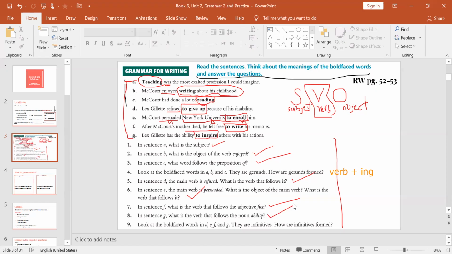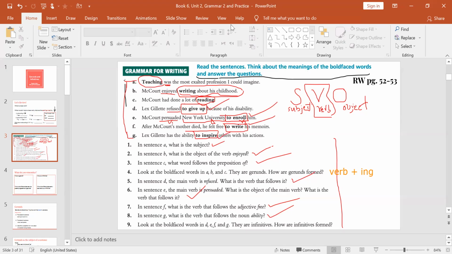Okay, so look at the bold-faced words in D, E, F, and G. They're called infinitives. How do you form the infinitive? If you look at D, we have to give up, we have to enroll, we have to write, we have to inspire.